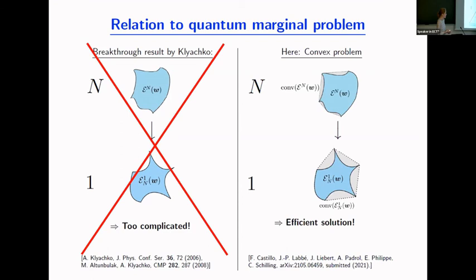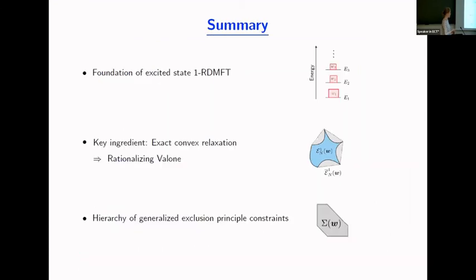What we do instead is look at the convex problem on both the N-particle and the one-particle level, and we can obtain in both cases a very efficient description. And in particular, we don't lose physical relevance because we don't change the outcome of the energy minimization. So that's good for us because it means that we can, at least on a conceptual level, provide a practical 1RDMFT for excited states.